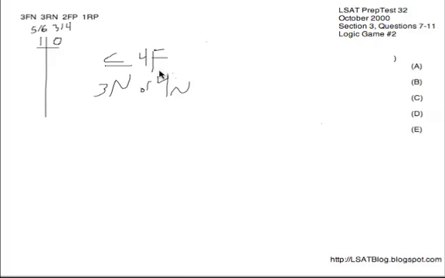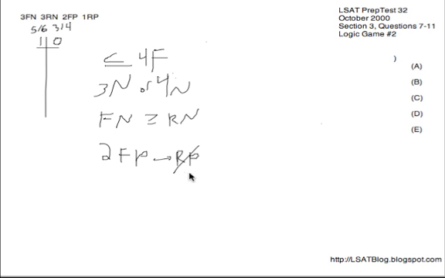Next, at least as many French novels as Russian novels. So French novels are greater than or equal to Russian novels. And finally, if both French plays, then not the Russian play. So 2FP requires not RP. Those are all the rules.